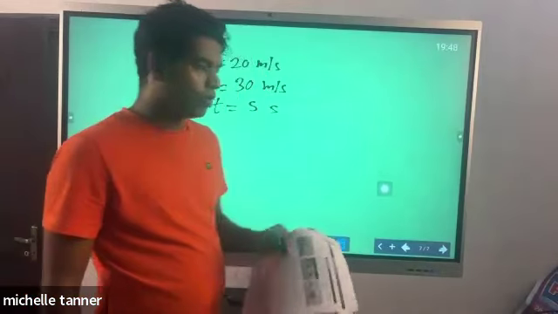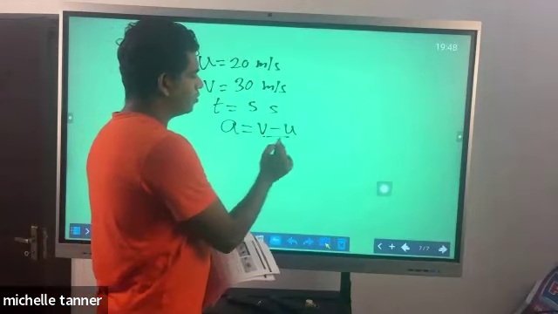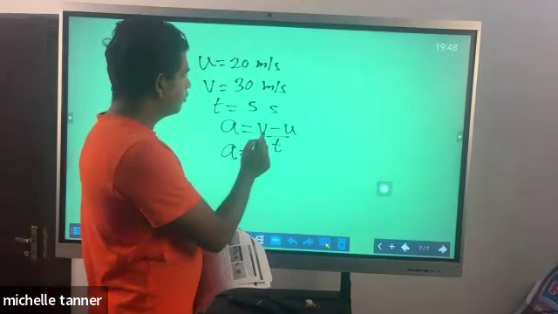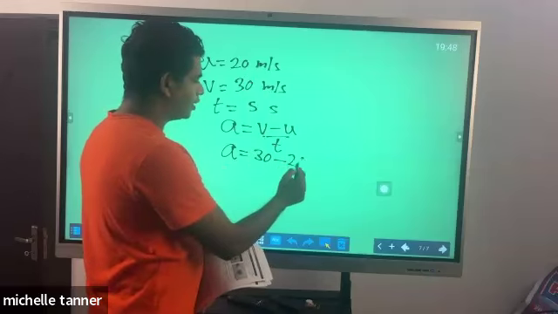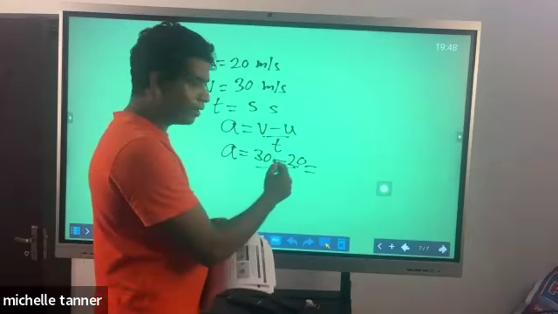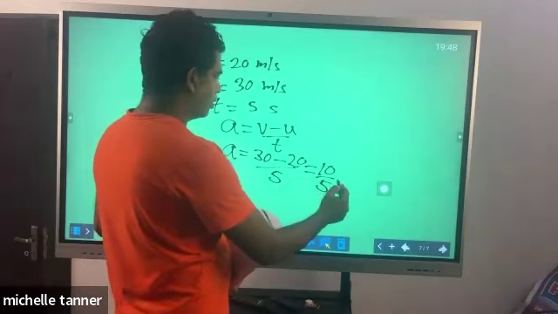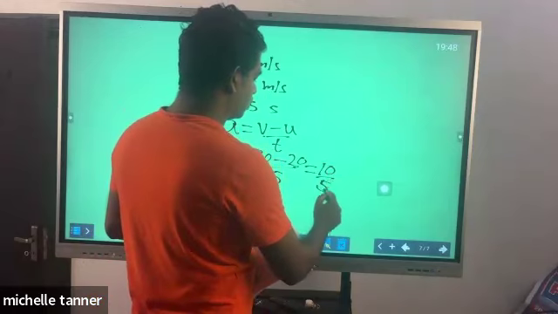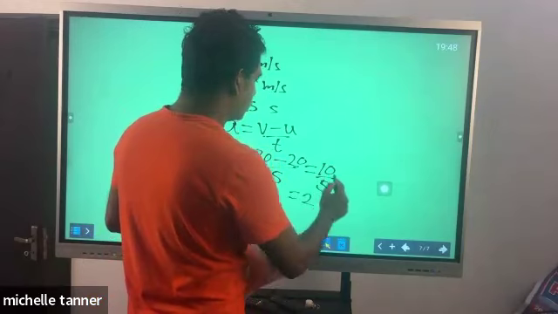Now, the equation for the acceleration is v minus u divided by t, equals final velocity 30 minus initial velocity 20 divided by 5. 30 minus 20 is 10, divided by 5, equals 2.